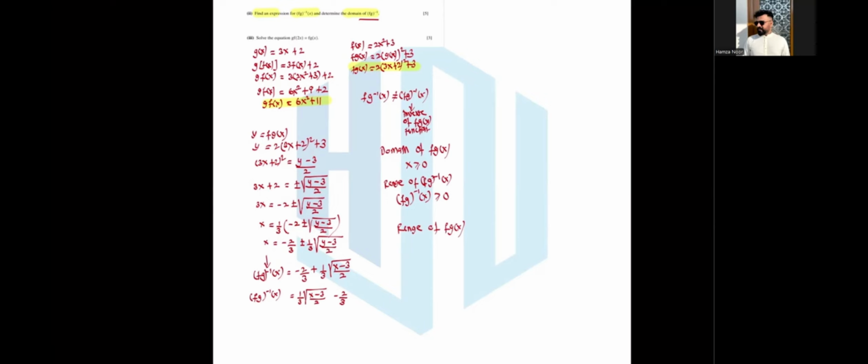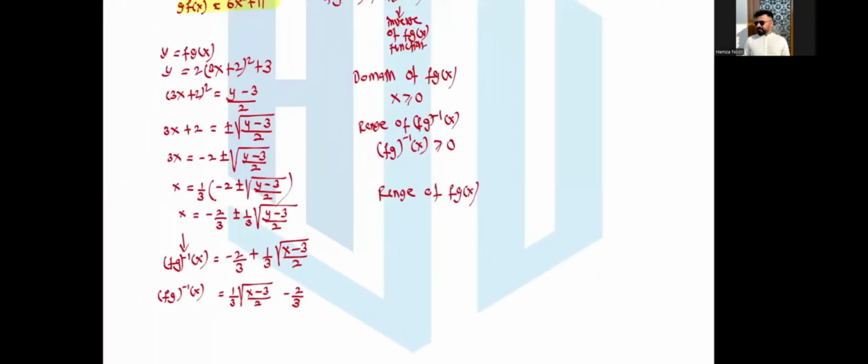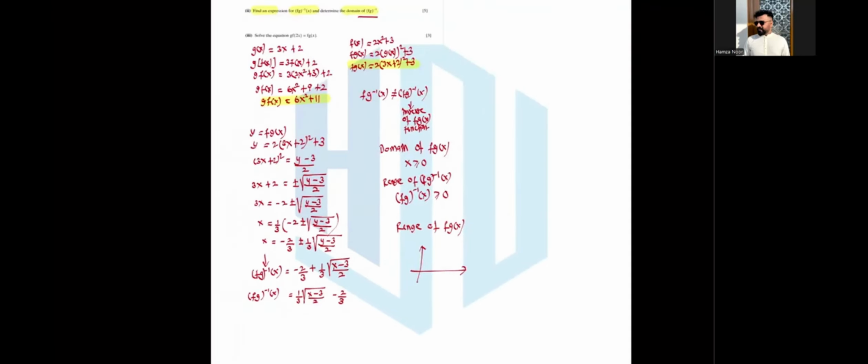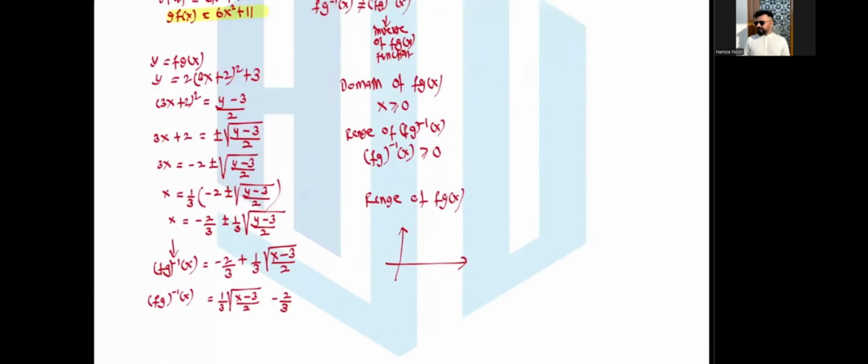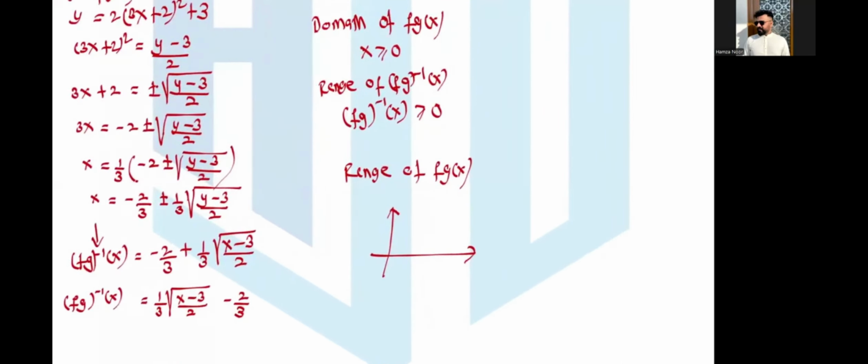As we know, g(x) is a linear function, 3x plus 2, and both functions have the domain x is greater than or equal to 0. So g(x) has the domain x is greater than or equal to 0.